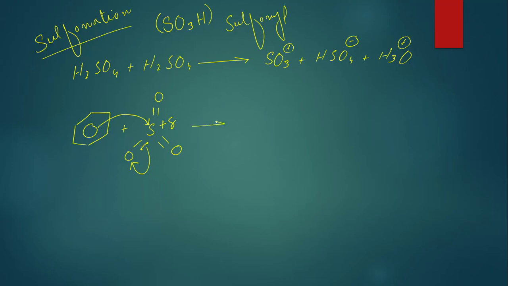So in the first step, once again we will have this structure, and as usual we will make the positive charge resonate, like that is moving here, and we will attach this sulfur with a double bond to oxygen, with the oxygen negative charge, because one of the bonds is broken here, so it's oxygen negative.